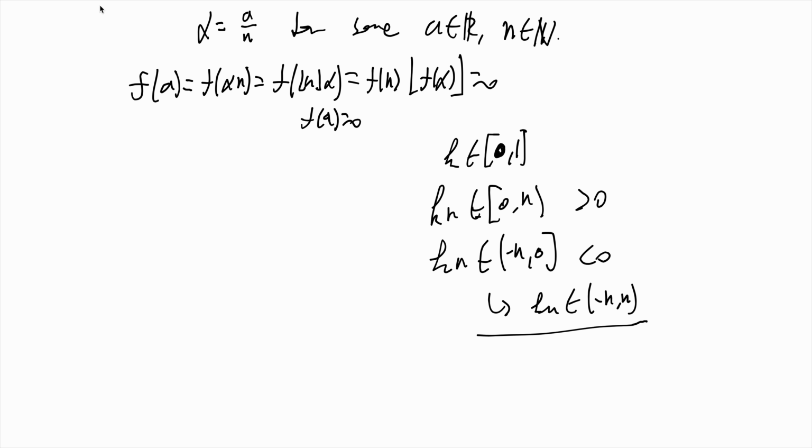And let's say that n is exponentially growing, so it's a really large number. So let's say that n is an infinitely large number, then k times n is actually defined in all real numbers.